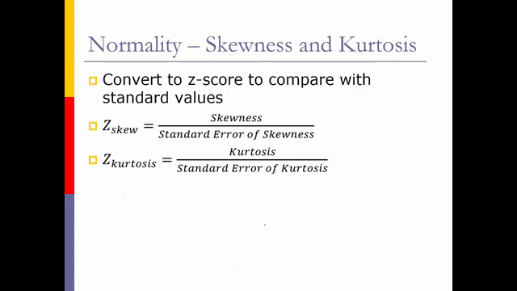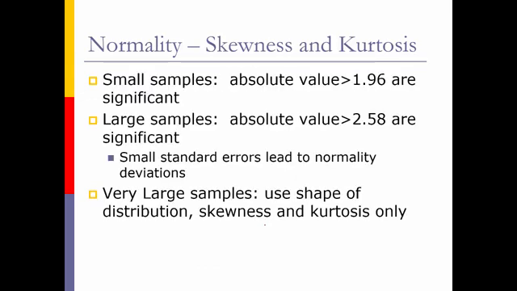And here are the z-scores, right? Just skewness divided by the standard error and the kurtosis divided by the standard error. Now, you should probably have values less than 1.96, or less than 2.58 if you have a relatively small sample. Anything greater than those would be non-normal points or a non-normal data set.